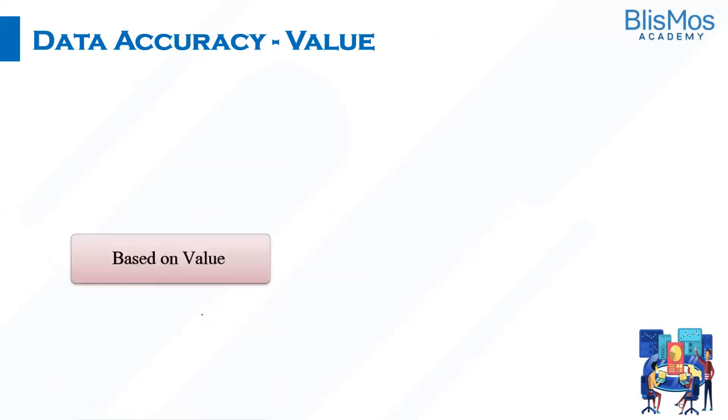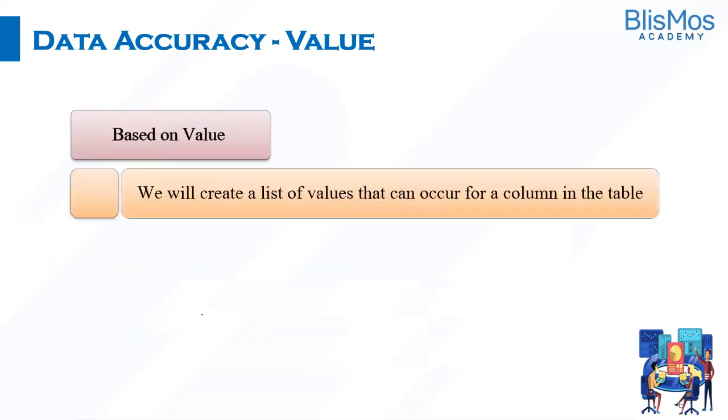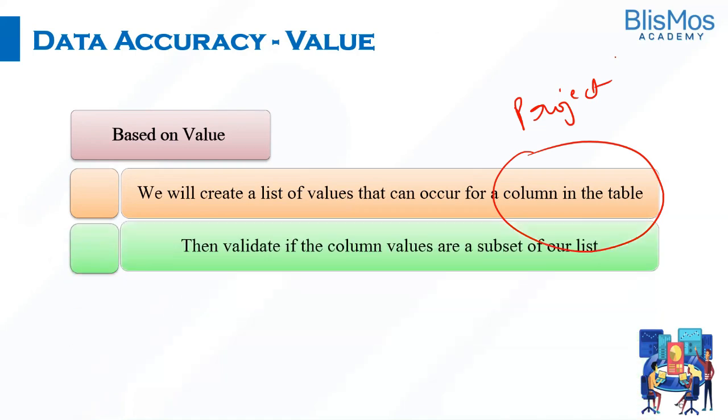When you talk about the value, we will create the list of values that can occur for a column in the table as per the specification of the project and validate that the column values are a subset of our list.